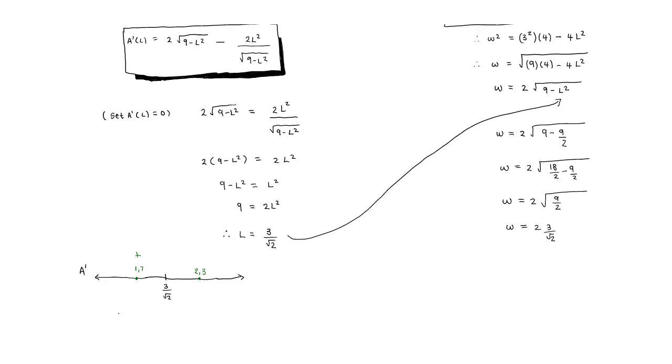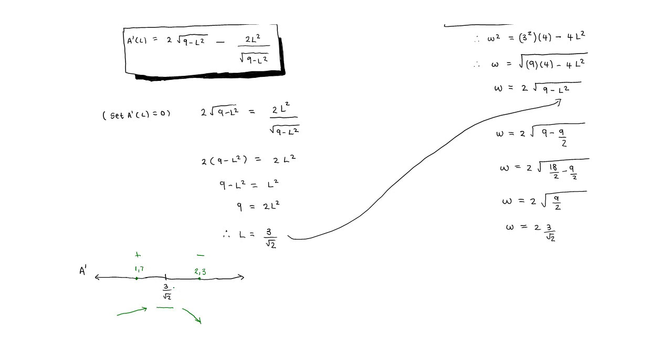We know that the gradient at 3 over root 2, because it's our critical point, is 0. In this interval we got a negative result, which means that the gradient of tangent lines in this section are decreasing. So our original function A is increasing to the left of 3 divided by root 2 and decreasing to the right of 3 divided by root 2, which means that 3 over root 2 actually is a local maximum.